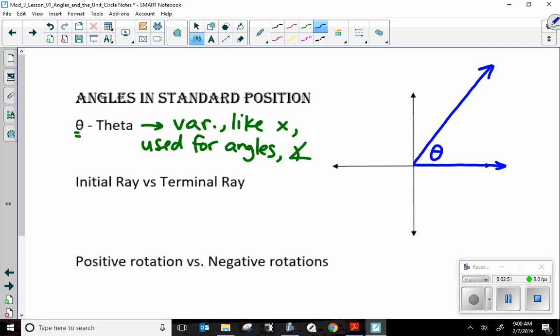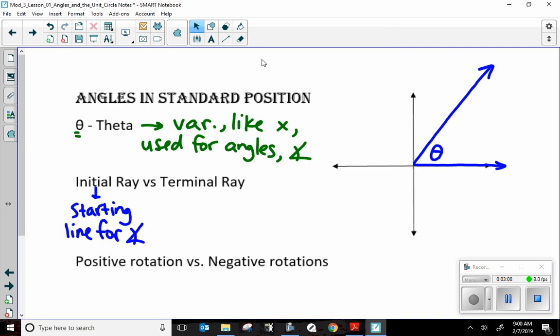My initial ray, that's the starting line for my angle, okay? So my initial ray, and I'll do this in another color, my initial ray is this line right here. That's where I start, at 0 degrees, okay?